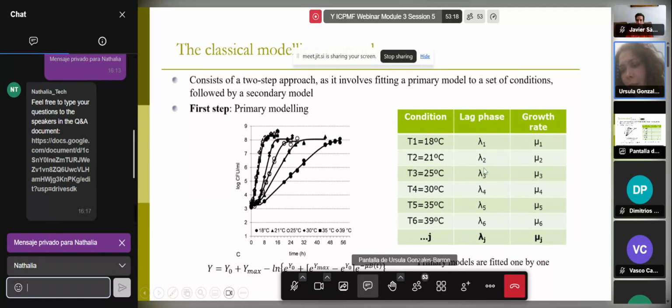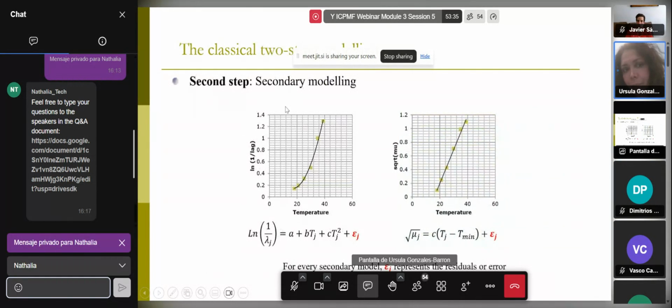So if J represents the number of conditions, we'll have J lag phase estimates and J mu max estimates, with the primary models fitted one by one.